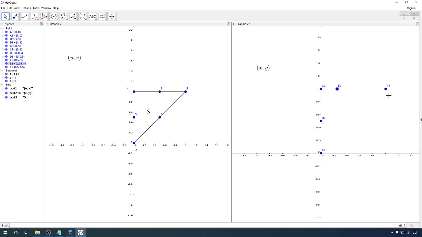So it is still on that same line up there, but it's now at a different place. And then our F2, this is going to be 1/4, 1/2. It is now no longer on the line between A2 and B2. Now it's kind of moved over. And we want to figure out exactly how does that fit in.